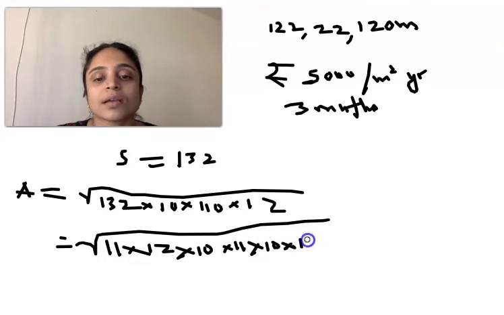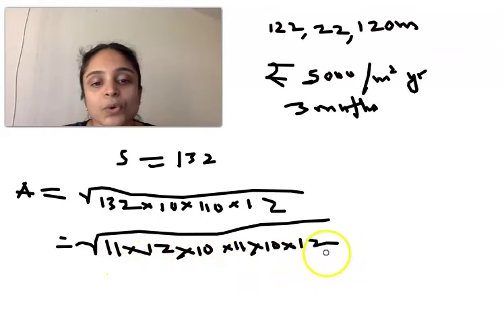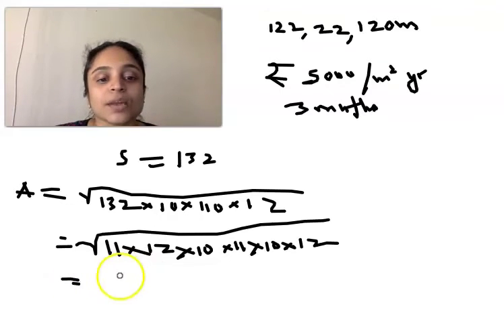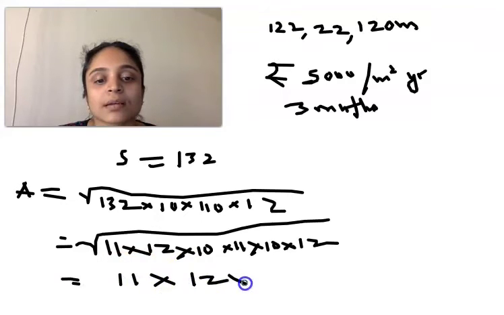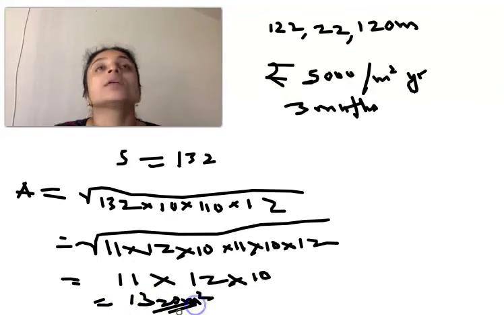In this, all these are occurring 2 times, right? So root of that, we can take it once. So 11 into 12 into 10, and that is equal to 1320 meter square. So we got the area as 1320 meter square.